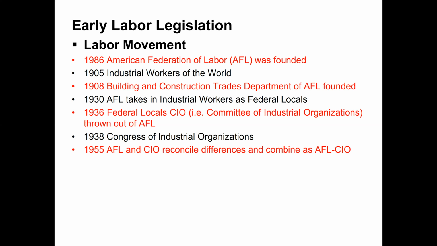There were other smaller things happening, like the International Association of Bridge, Structural, Ornamental and Reinforcing Iron Workers, and the International Association of Heat and Frost Insulators and Asbestos Workers. There were other construction unions like the International Brotherhood of Boilermakers, Iron Ship Builders, Blacksmiths and Helpers.